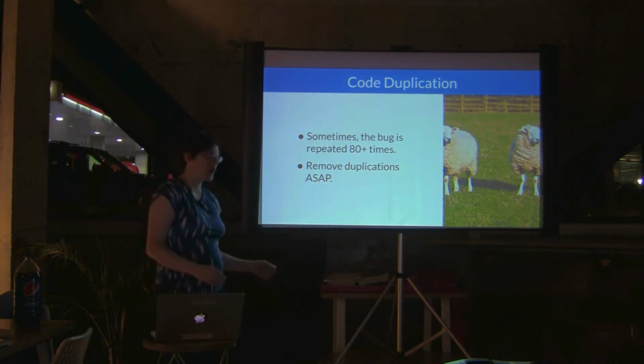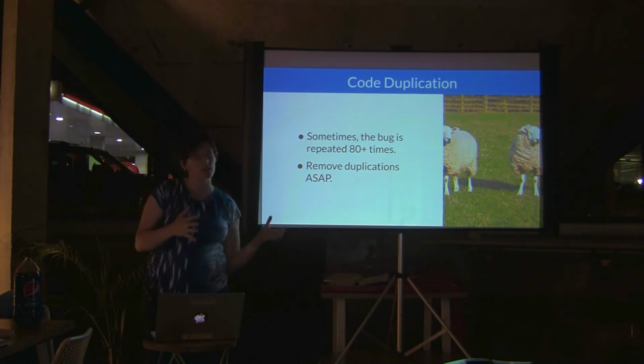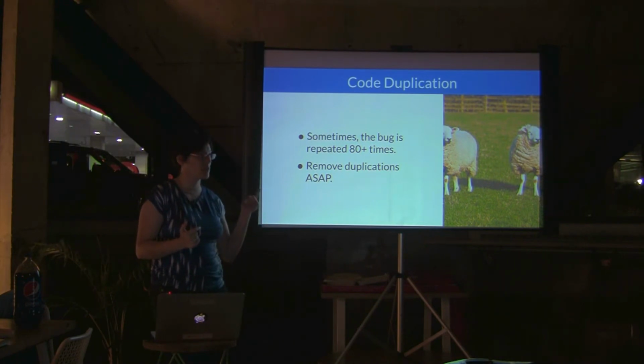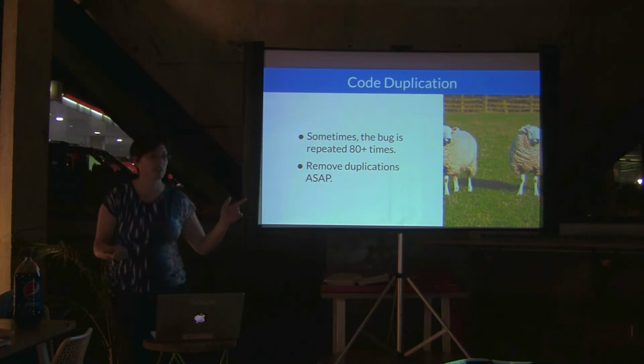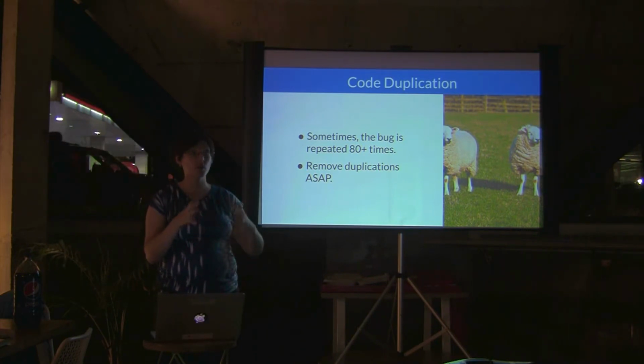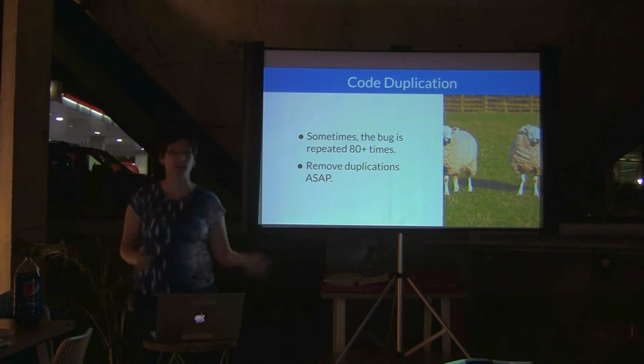So when you start fixing bugs, what happens often is you find code duplication. In one project where I had to fix bugs, pretty easy bugs actually, the hard part was that the same bug was duplicated 80 times because the person just copy-pasted everything.